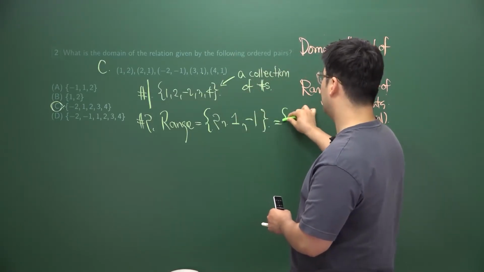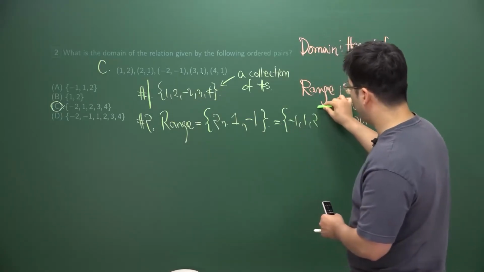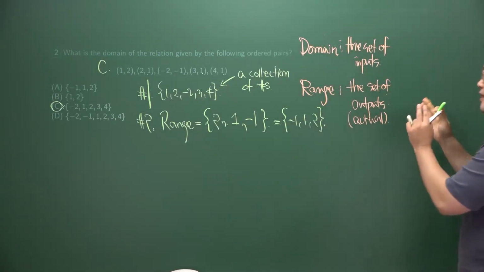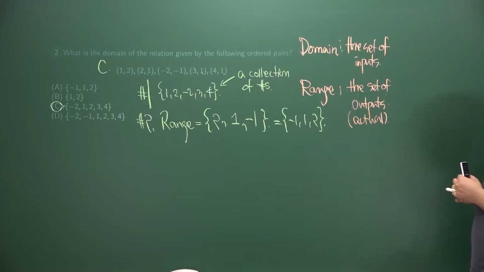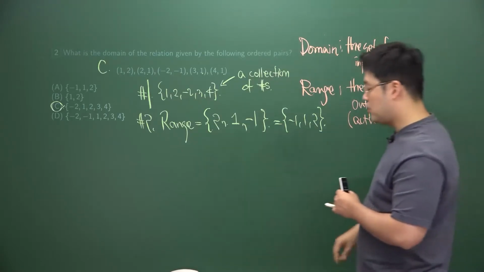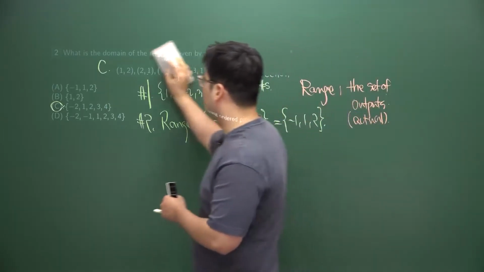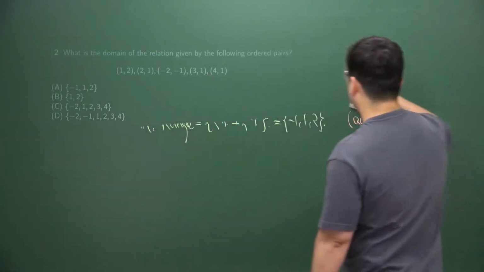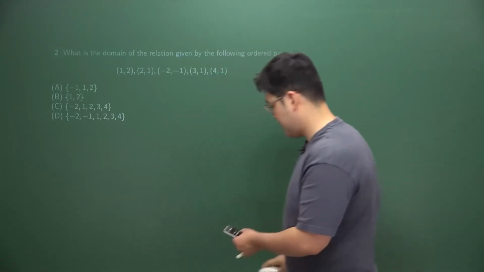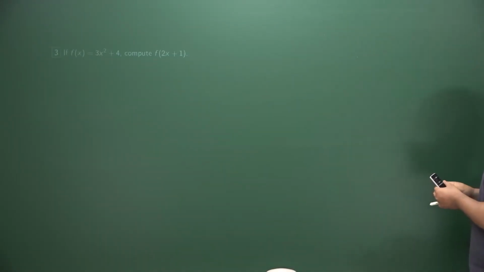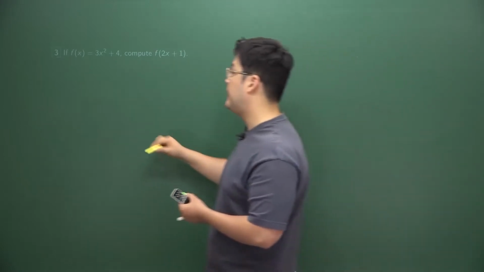So we got -1, 1, and 2. That must be the range. Making sense? Cool. So that's up to question number 2. Let us move on to basic function notations.